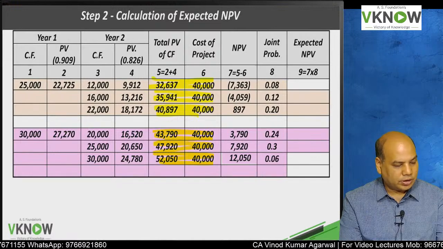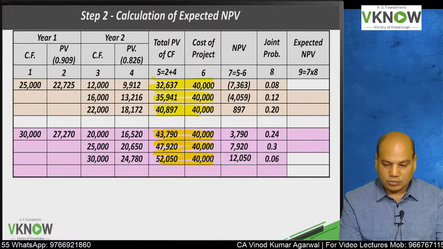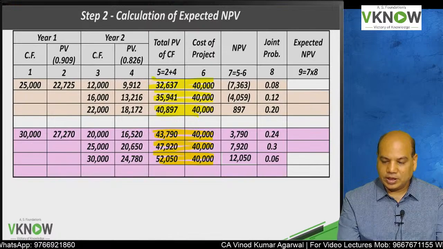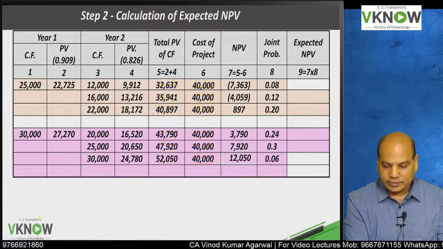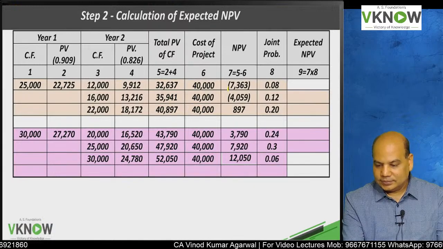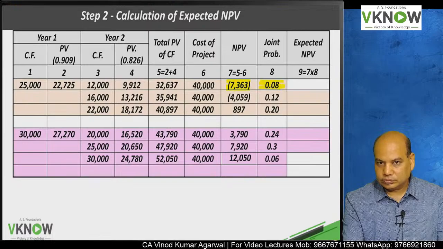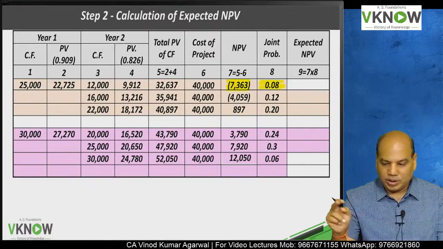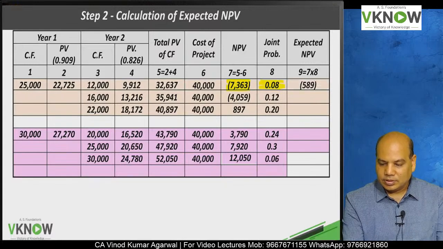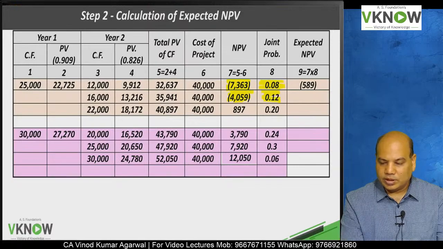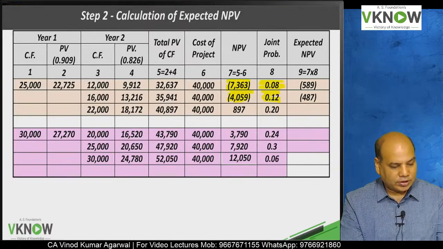And now my question is, what is expected NPV? Now you have to use memory plus and memory minus function. This into this equal to memory minus, because it is negative, write the number. This into this equal to memory minus 487.